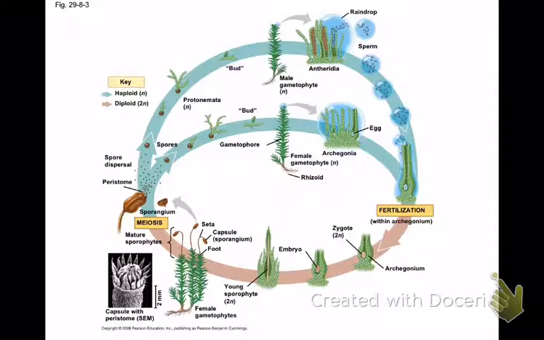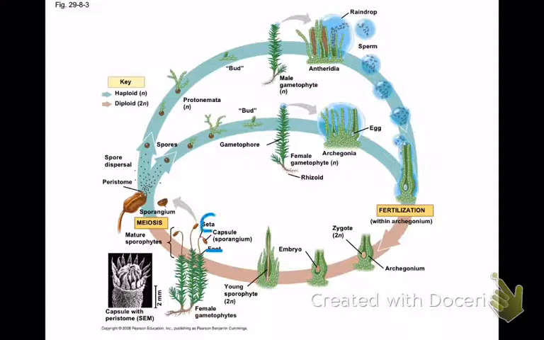So the sperm cells are going to swim through a layer of water and are attracted to the archegonia and will swim down and fertilize the egg cell to form the zygote. That zygote will develop into the sporophyte, and when fully developed, the sporophyte is attached to the female gametophyte by the foot.